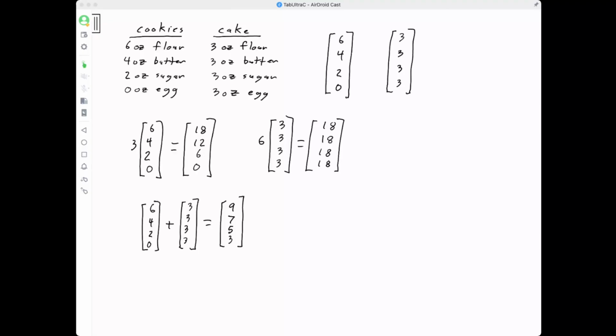In reality, I probably want to do some combination of all of these things during a day. So I probably want to sell maybe 10 batches of cookies and 6 cakes.